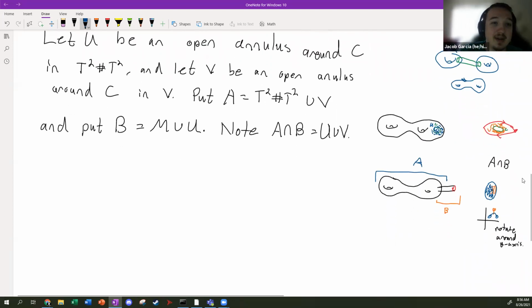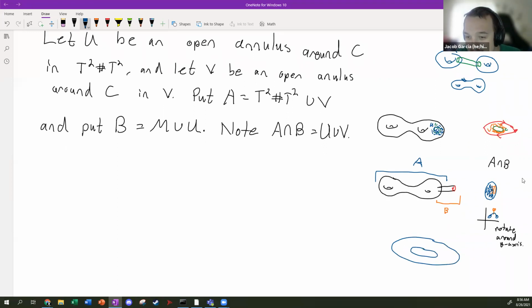People are frowning at my images, so let me try again. If this is my annulus U, V sticks out of this like this. And this goes here, and this goes here. And then my center circle that they share is this center circle here. I can keep attempting to draw pictures until people are happy, but that might not work.